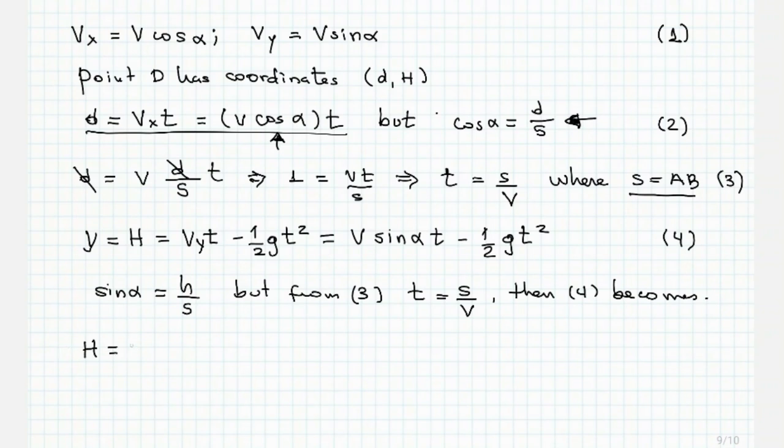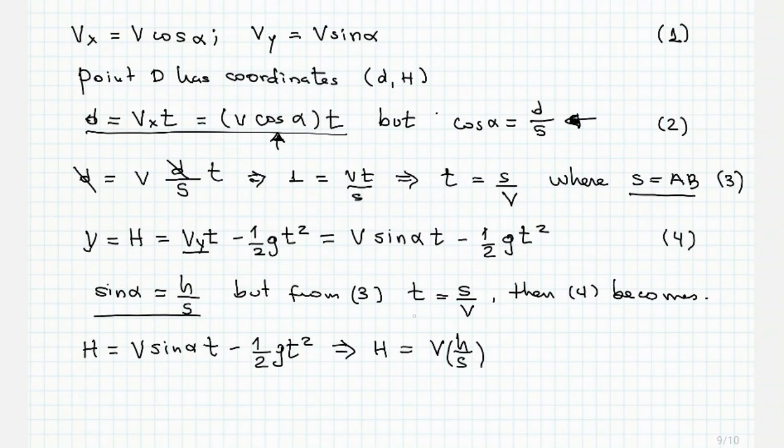Capital H is equal to V, Vy is V sine of alpha, t minus 1/2 of the gravity multiplying the time square, and this is equal to h is equal to, okay, V sine of alpha, but sine of alpha is h dividing s, multiplying the time, but time is s dividing v, minus 1/2 of the gravity multiplying the time square.